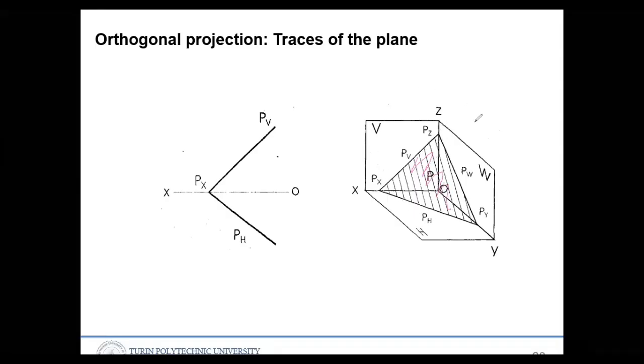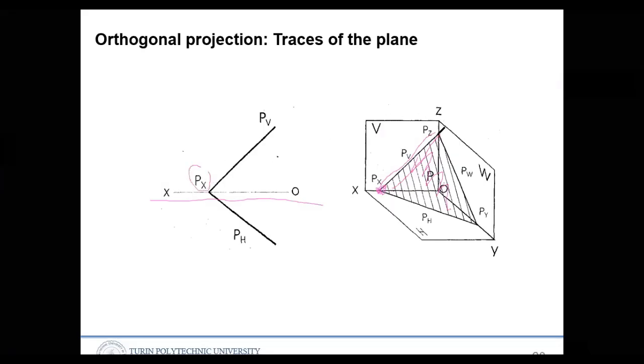So how to show this on a two-dimensional page? OX is given like this, and then the traces. The plane intersects the planes V, H, and W, by these so-called traces. So by the intersection lines of the planes the plane can be given. The point Px, because it intersects the X axis, that's why Px.